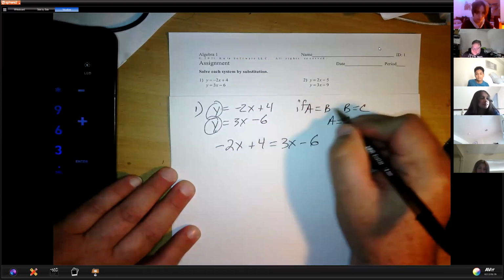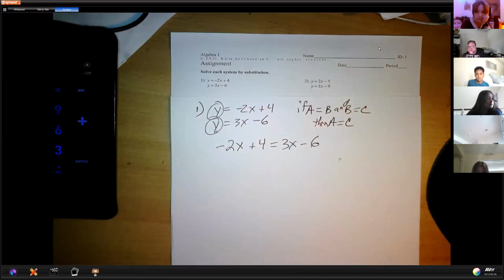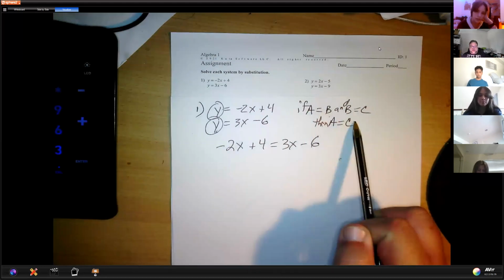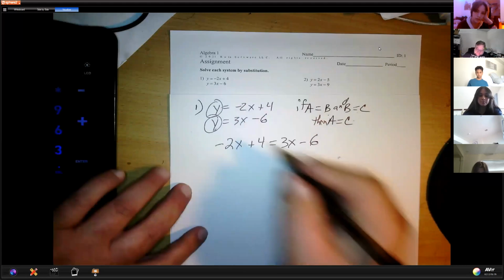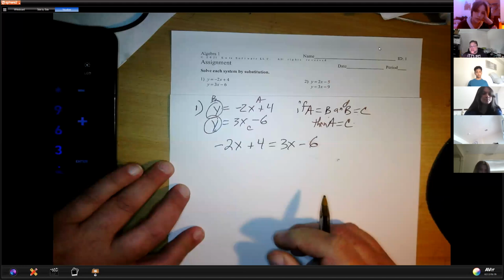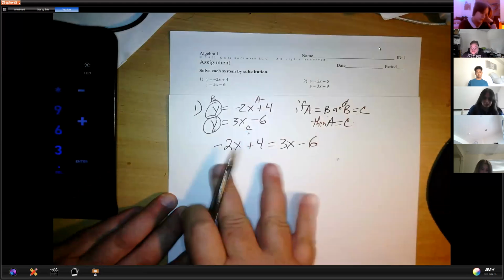We learned that back in elementary school, didn't we? And so this is a basic idea of how mathematics works. So if I have a number that is shared in between, B, and it's equal to A and C, then A and C are also equal. So if I think of this as being B and A and C, then it kind of works like that, doesn't it? So that means I can let A and C set them equal to each other. And now I just have an equation to solve, don't I?